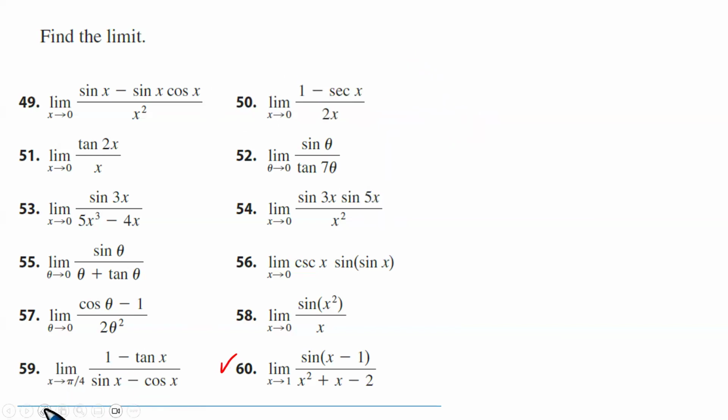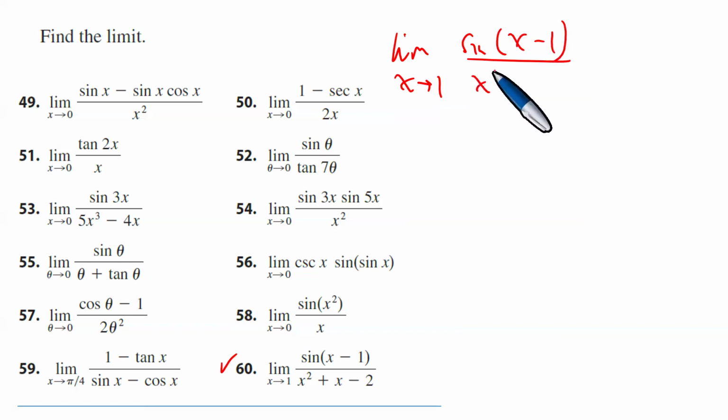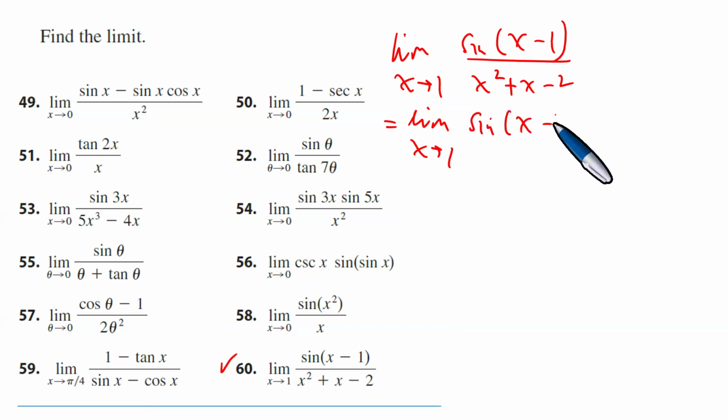So you have the limit, which is exactly sine of x minus 1 divided by x squared plus x minus 2, which is the limit of sine of x minus 1 over x minus 1 times x plus 2.